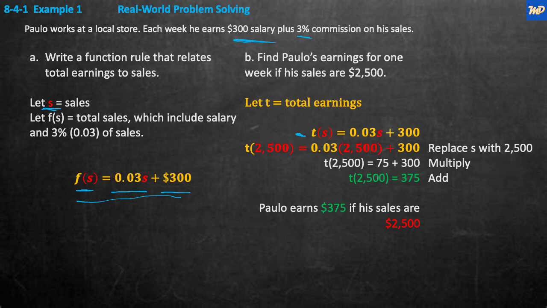Now we have T of $2,500 is equal to $75 plus $300, because 3% of $2,500 is $75, and $300 is the salary. When we add these two, the 75 and the 300, we have T of $2,500 is $375. Paulo earns $375 when his sales are $2,500.